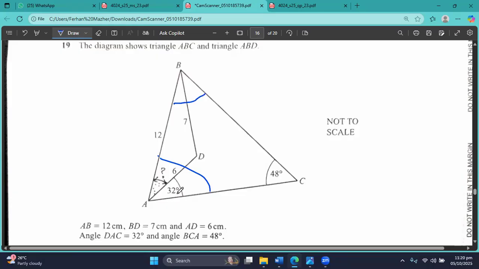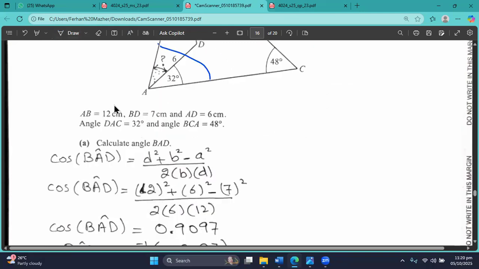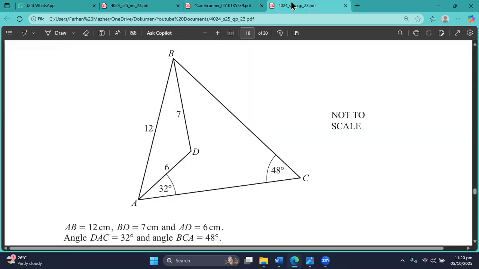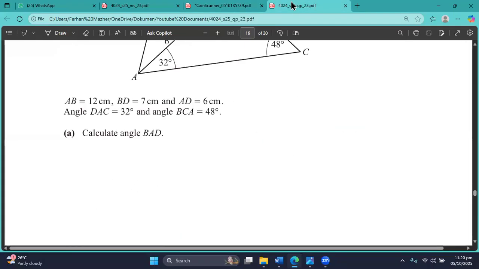Opposite to this angle will be the AC. Opposite to this angle will be 12. So I apply the law of sine, the sine rule. And here you can see this solution. I hope you understand this. Okay, so this was question number 19.